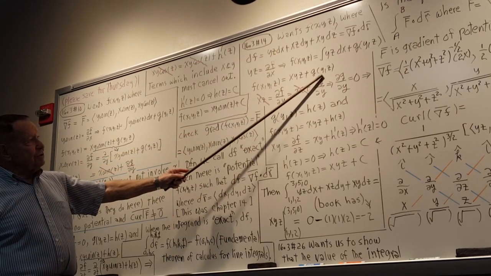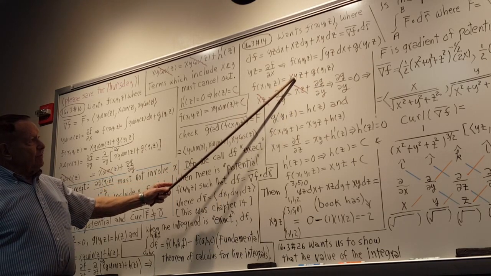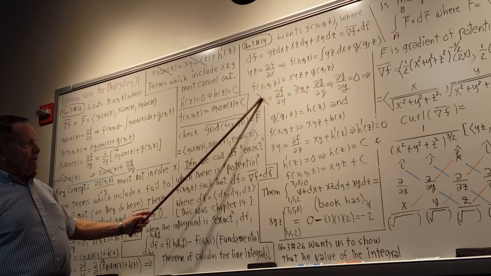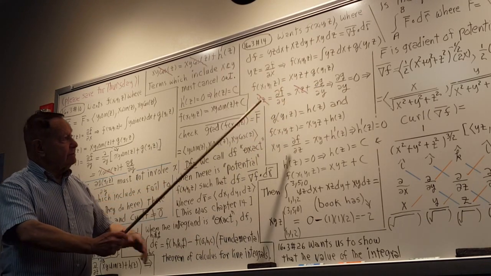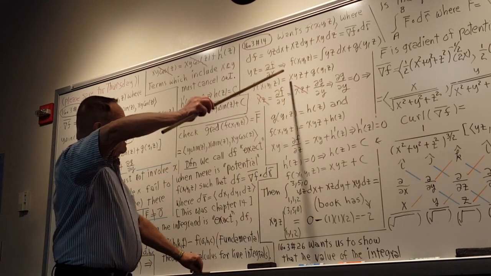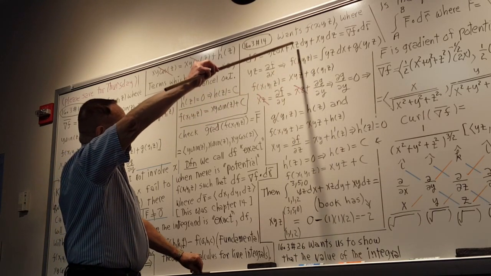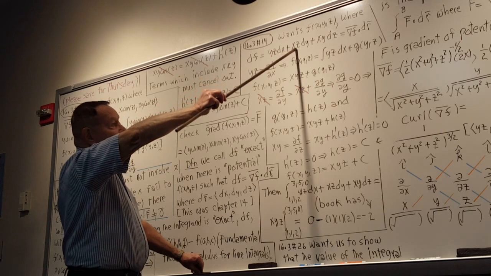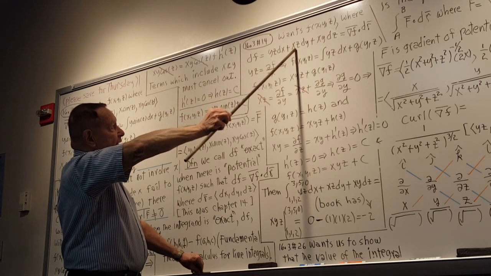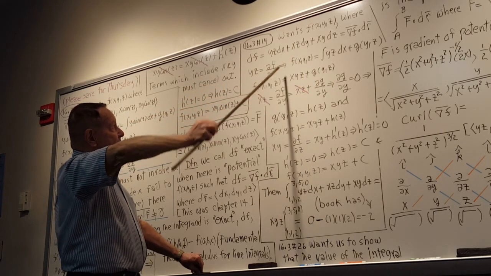Then take the partial with y, which will get you the xz on the left, from the coefficient here of dy in the center term.